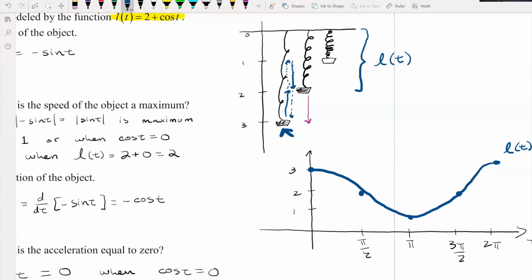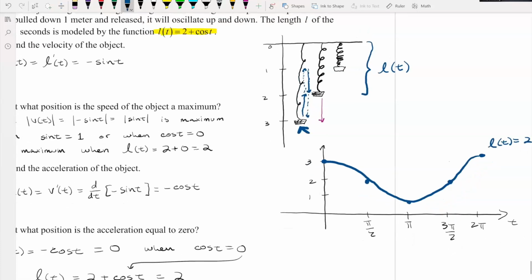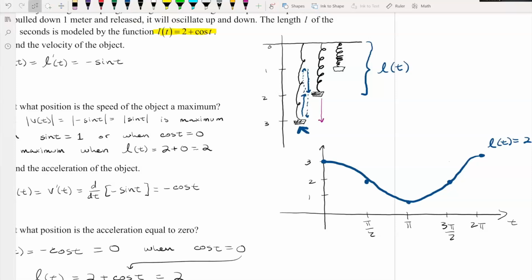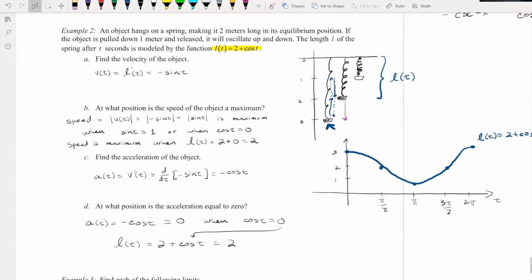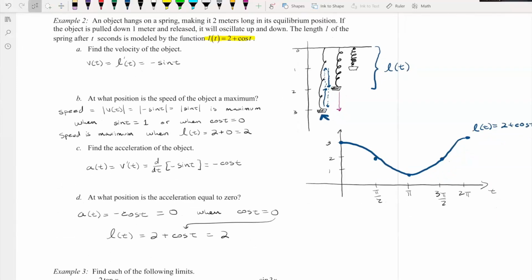So the speed is maximum at 2. That's the fastest it's going to go before it starts getting slowed down, either by gravity or by the resistance of the spring. That's the idea with that one. It's a little funky, but hopefully that made sense.